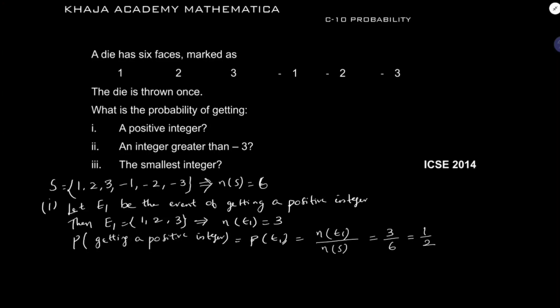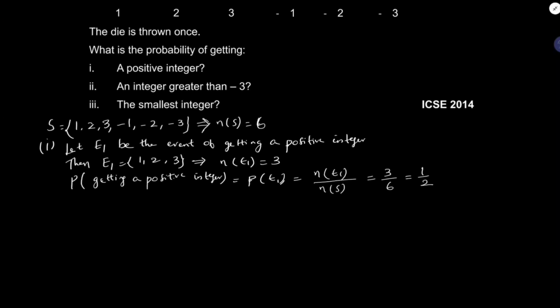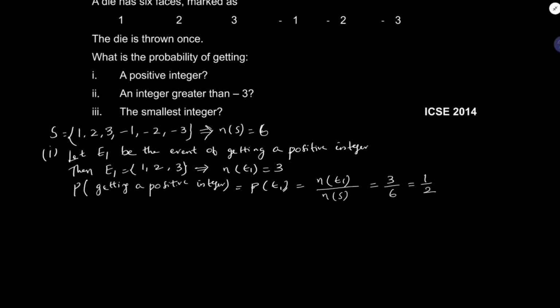In the same way, if we see the second question, it is probability of getting an integer greater than -3. So I'll consider E2.